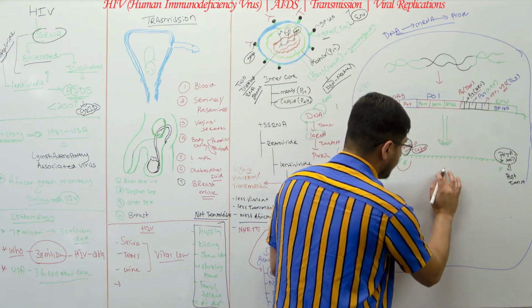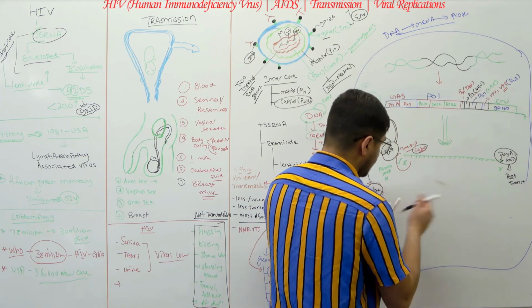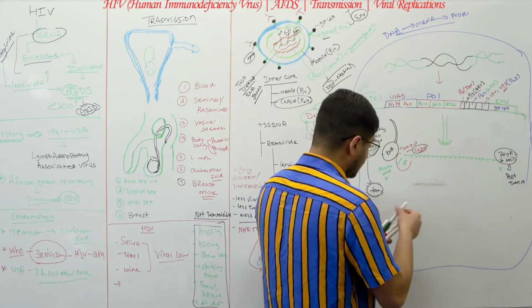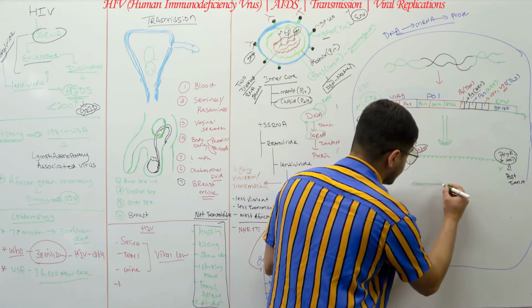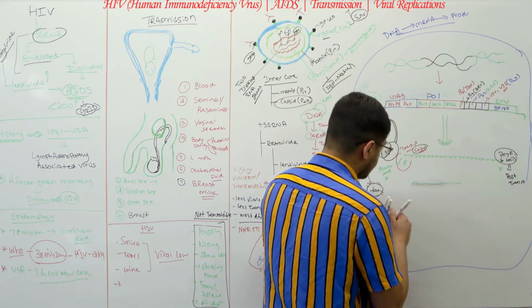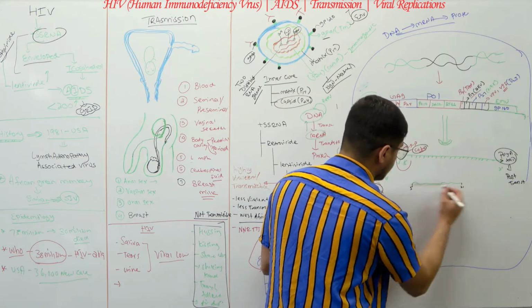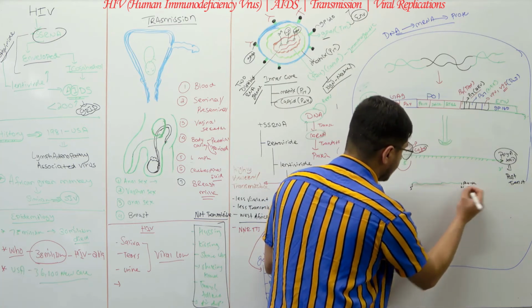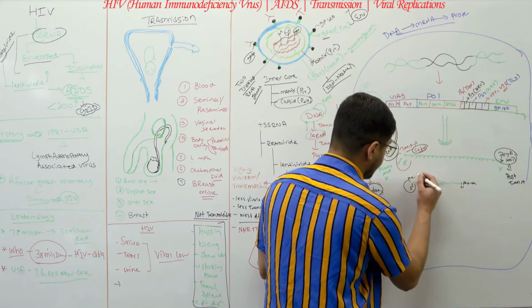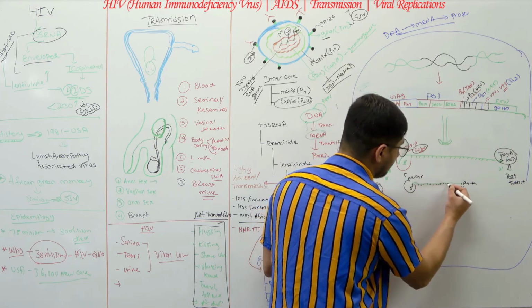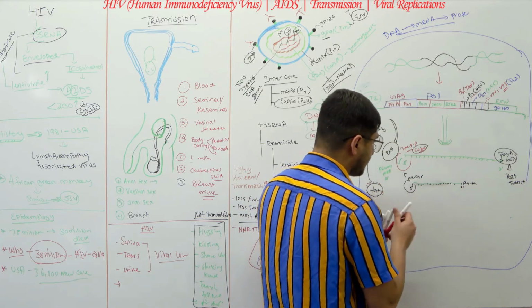This messenger RNA has a 3 prime poly-A tail, and the 5 prime methyl guanine cap is there. All of this is there.